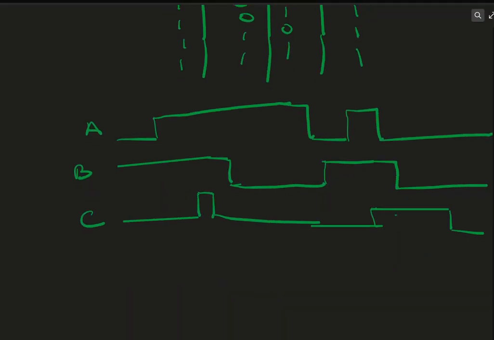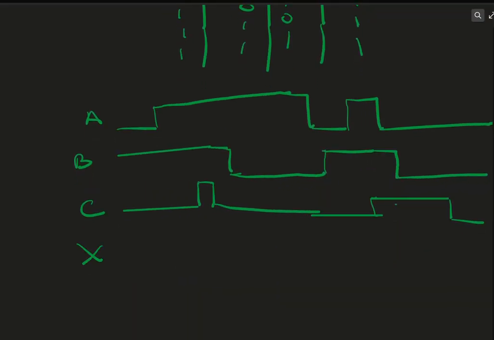Okay, next for X, X is 0 only when A is low, B is low, and C is high. So in this direction, this part is going to be low.